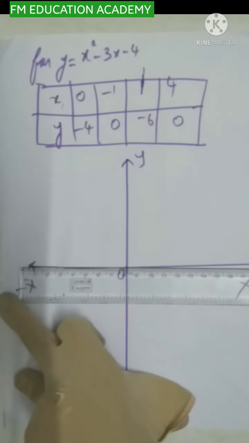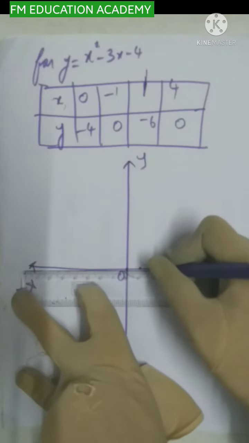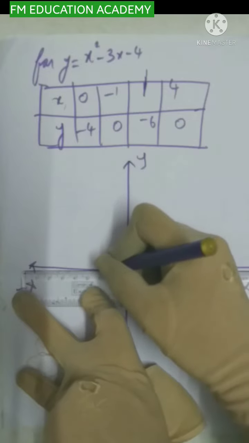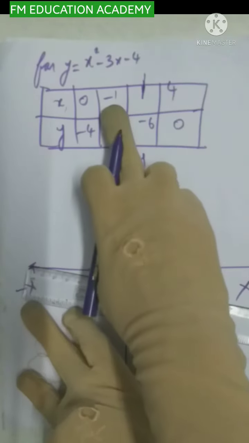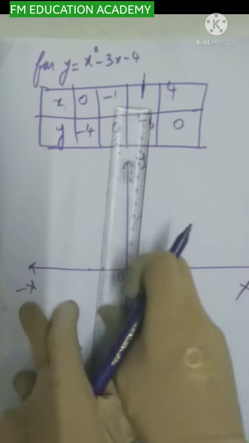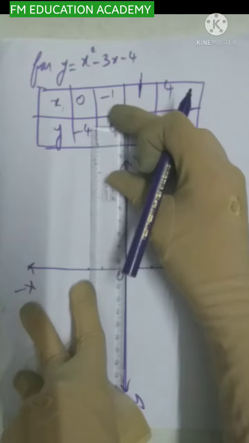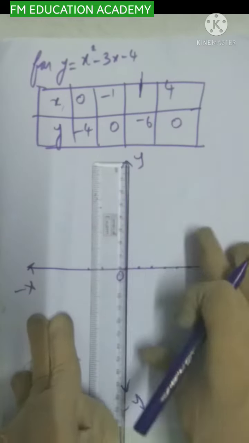So here also I will draw the boxes of 1 centimeter only. 1, 2, 3, 4, 5, 1, 2, 3. I am taking only 3 points here because here I need only minus 1. Then here also I will take 4 points. On the y-axis I will take 6 points because I need y is equal to minus 6.